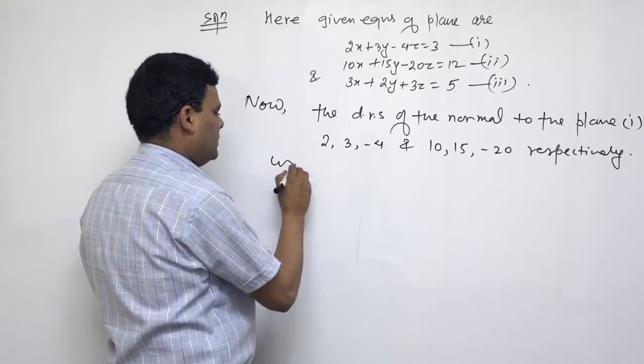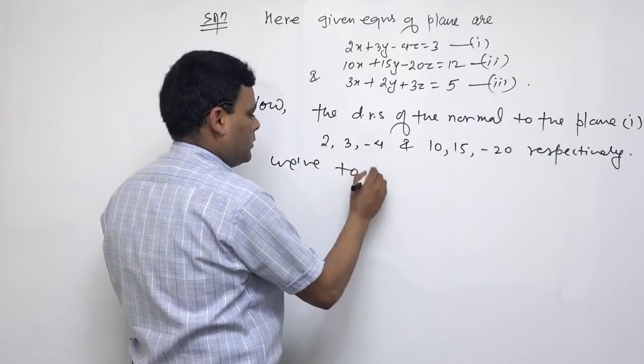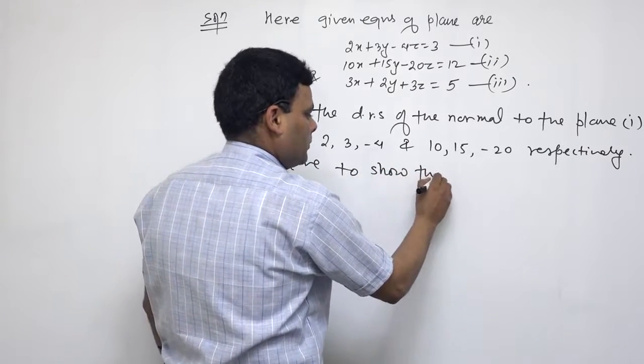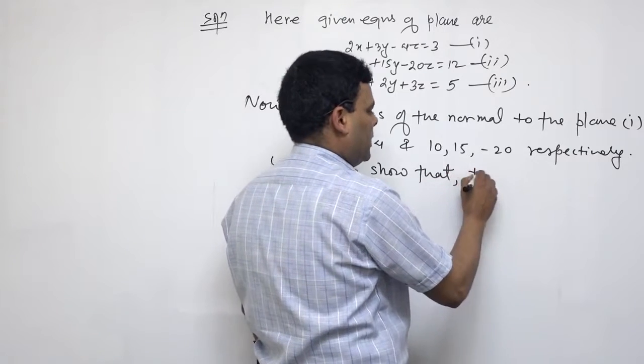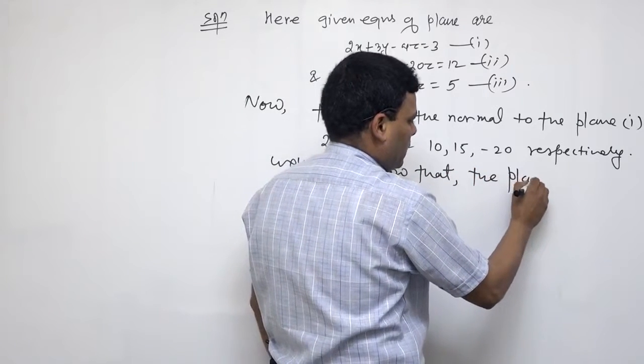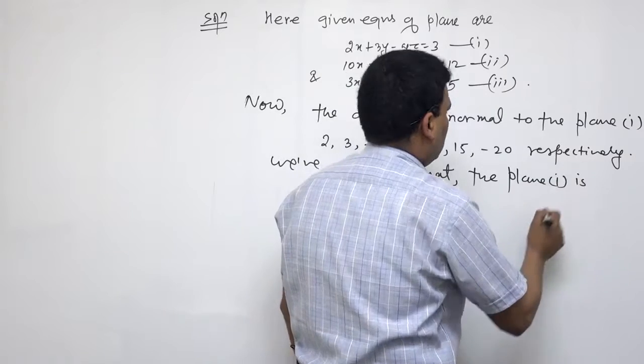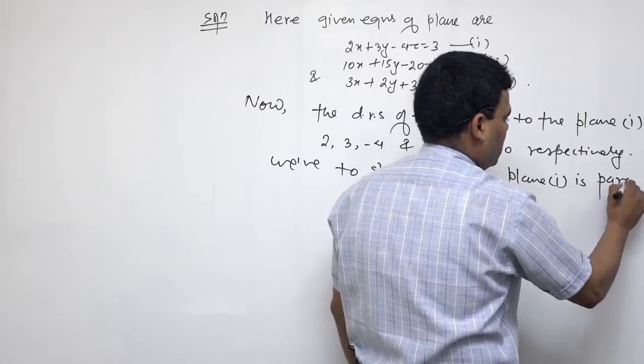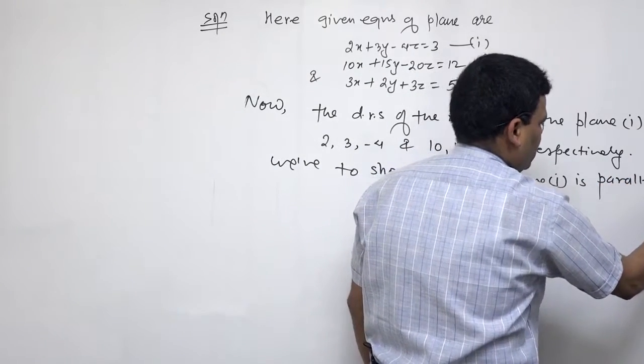We have to show that the plane 1 is parallel to the plane 2.